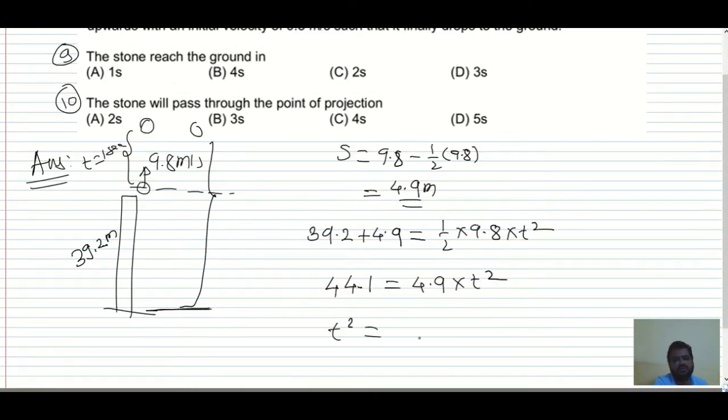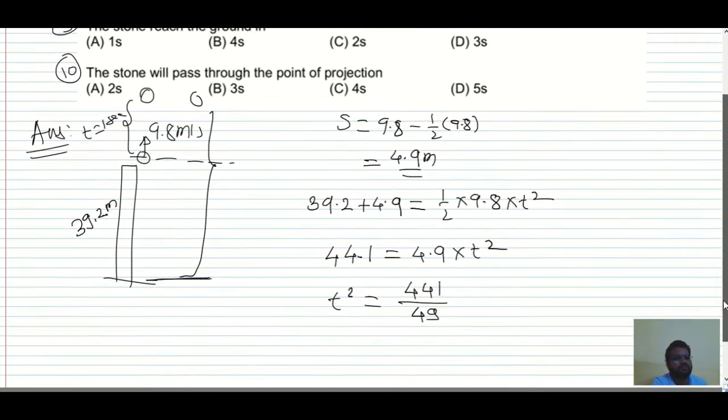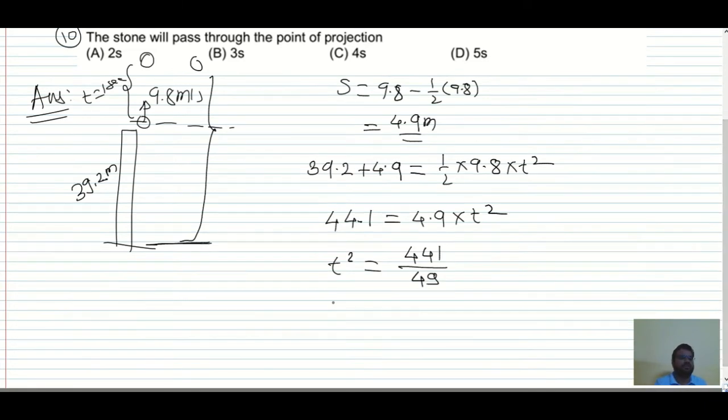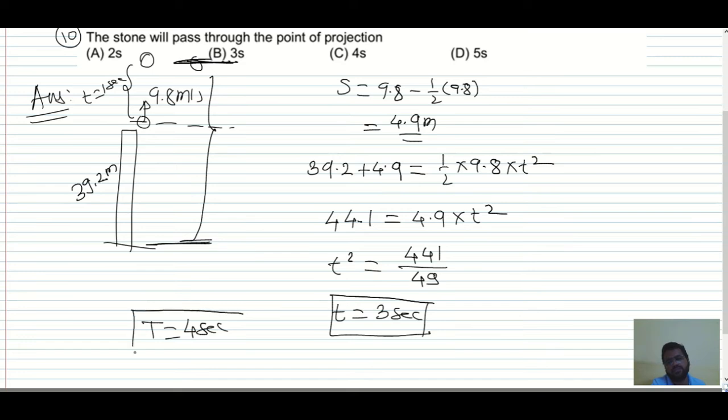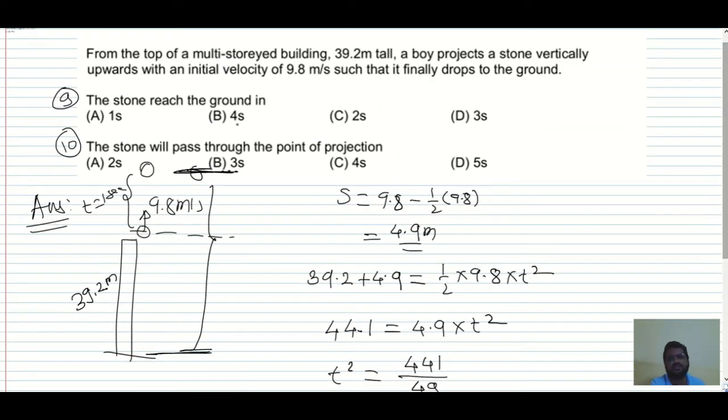Now t squared is equal to 441 divided by 49. It is 9, and the root of 9 is 3 seconds. So the time required for the ball to come from the topmost point to the ground is 3 seconds, and this is 1 second. So the total time we have is 4 seconds. So the answer for this is 4 seconds.